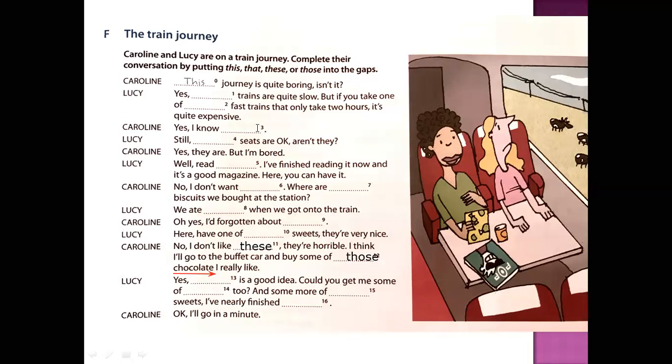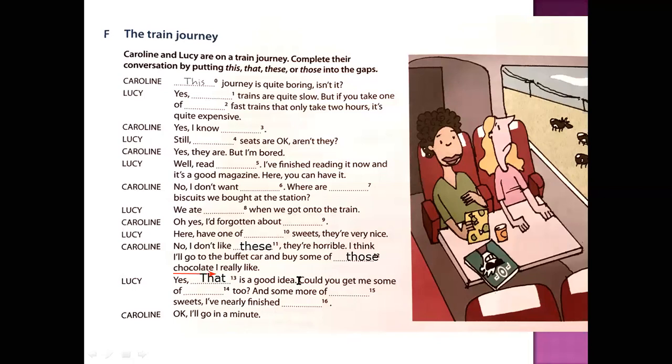What are you going to say here? That. Why is it that? Because it's a present. Why can we not use this? Because this is a situation or fact. If it's a situation or fact, we're going to use that or those, right?